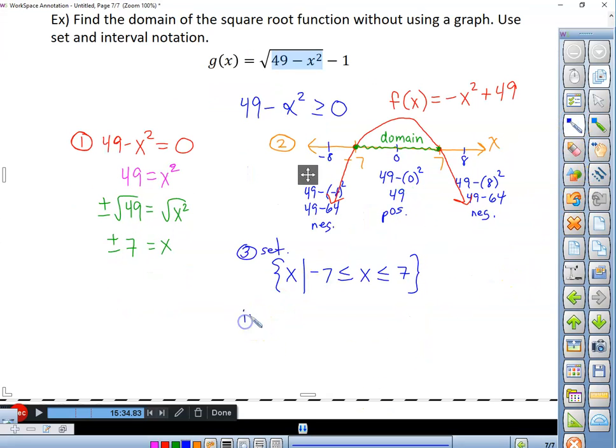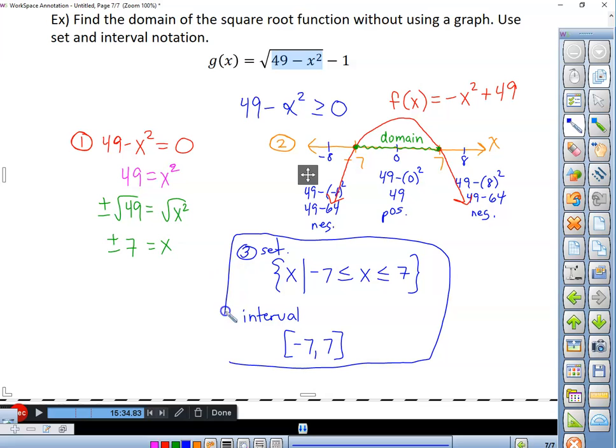And our interval notation, this would be one single interval from -7 to +7, and both -7 and +7 are part of the interval, so we use brackets on both. So this is the interval from -7 to +7, like so.